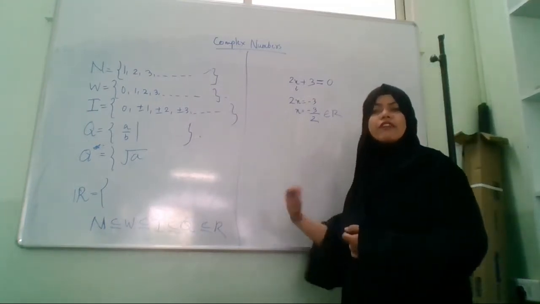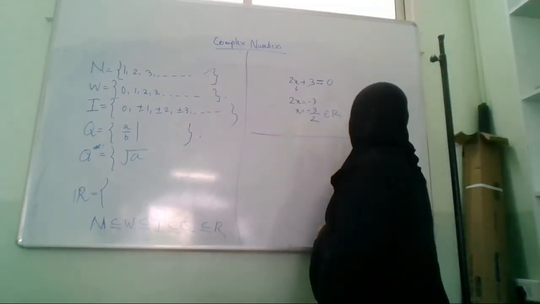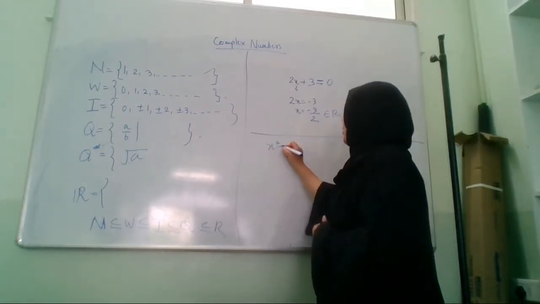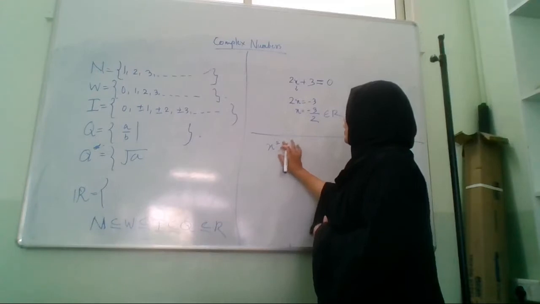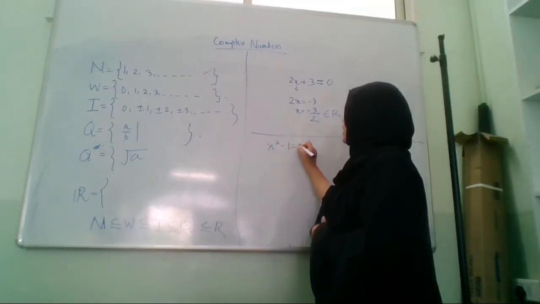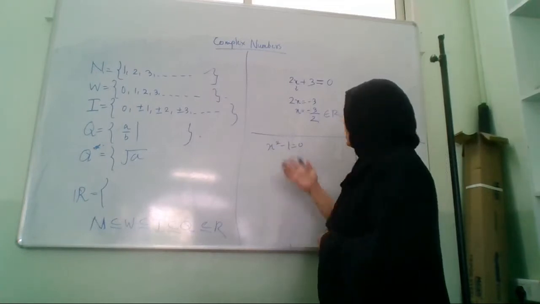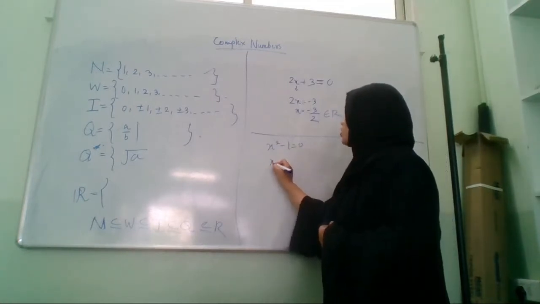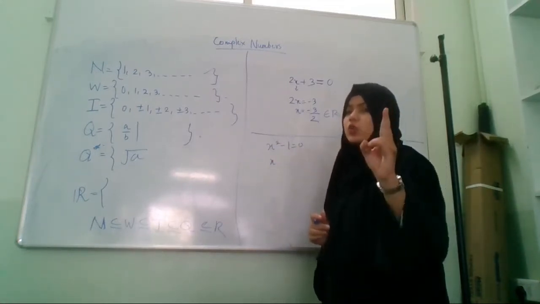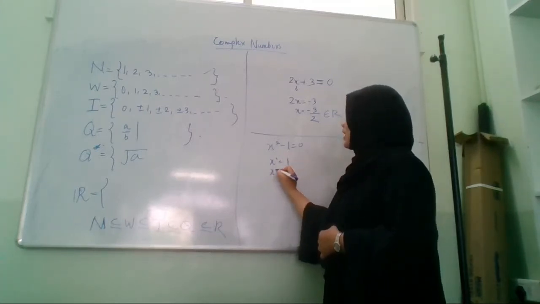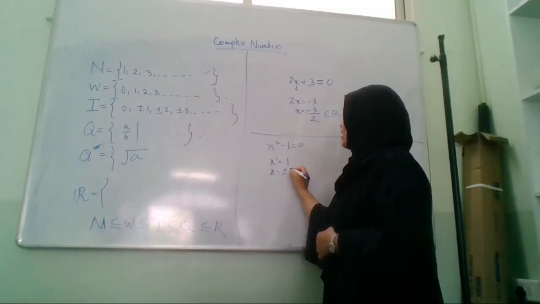Now I am giving you another equation, x square minus 1 is equal to 0. Now can you find its solution? Yes, this is a quadratic equation, so it will have two roots, right? So x square is equal to 1. That means x is equal to plus minus 1.